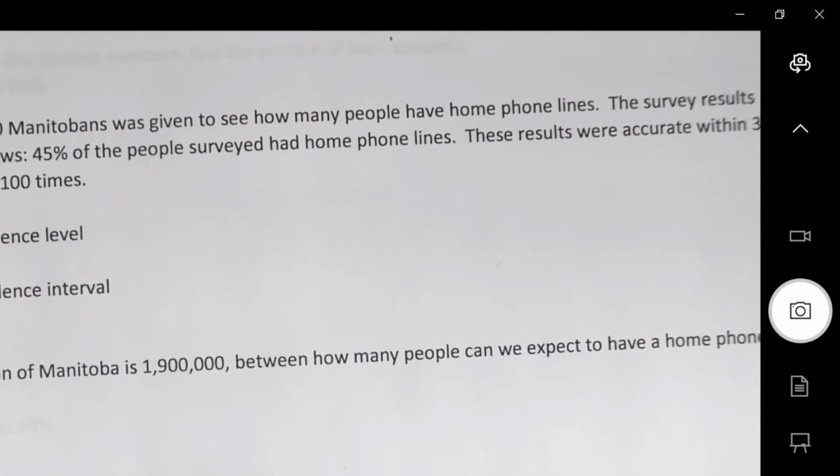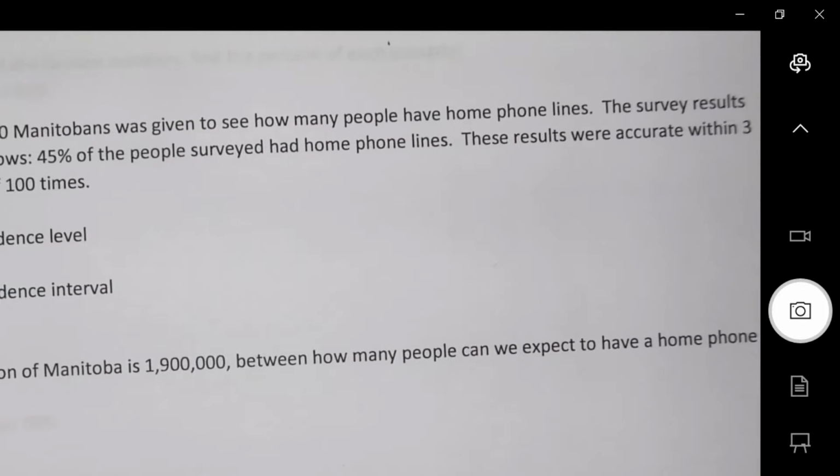Okay, a survey question. So we have 2,500 Manitobans being surveyed to see how many people have a home phone. So here's what they said about it.